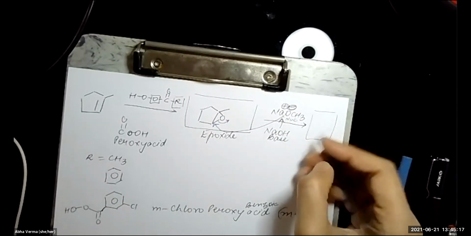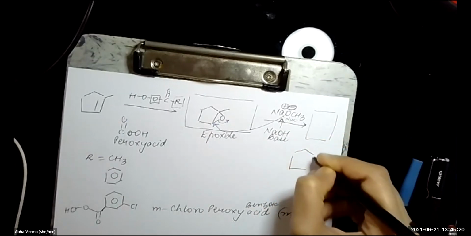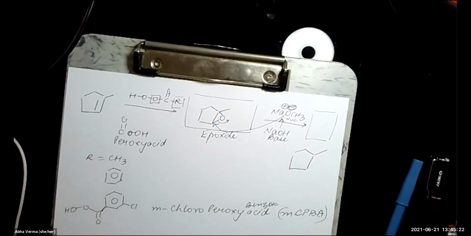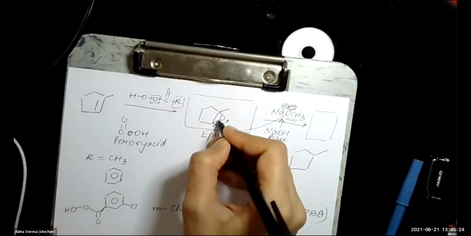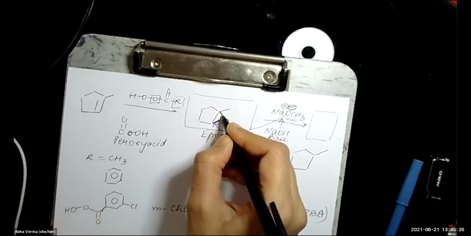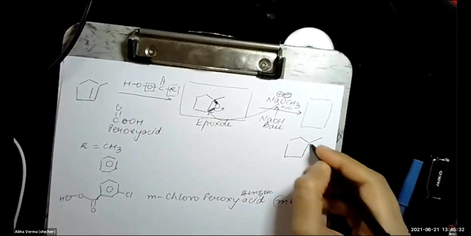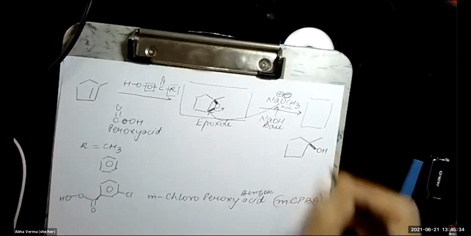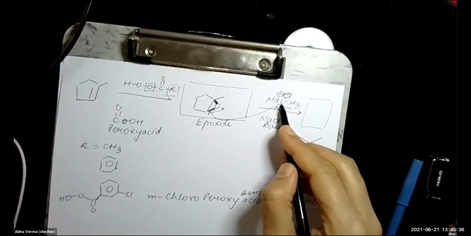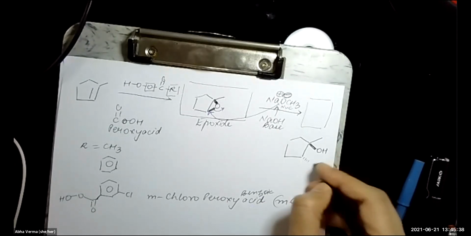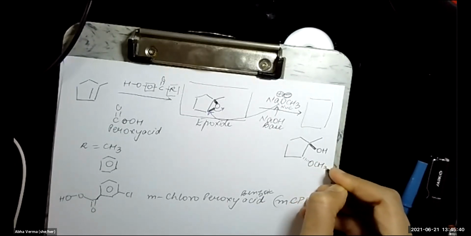So I'm not able to draw here. Let me try to draw it here. So if my OH was something like this, this OH will be here, and this oxygen, the methoxide oxygen, will be at the back.